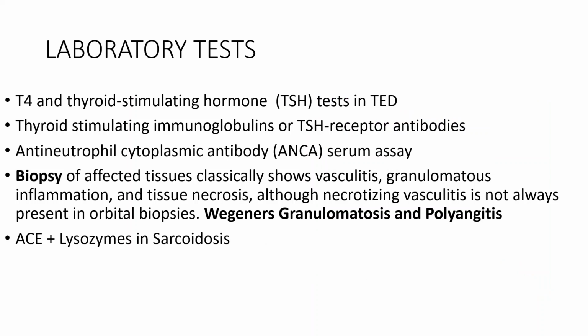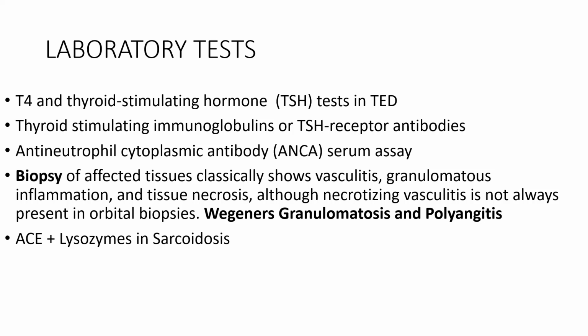Lab tests like T4 and thyroid stimulating hormone test in TED, thyroid stimulating immunoglobulins, or TSH receptor antibodies, anti-neutrophil cytoplasmic antibody serum assay. Biopsy of affected tissues classically shows vasculitis, granulomatous inflammation, and tissue necrosis.